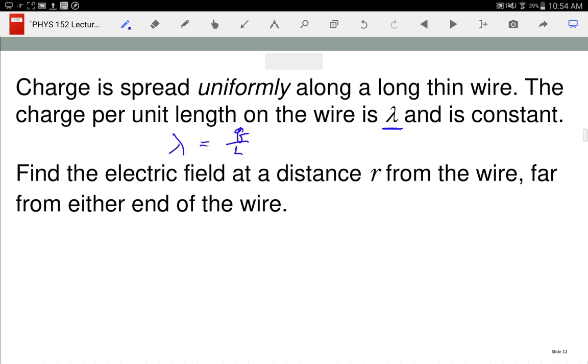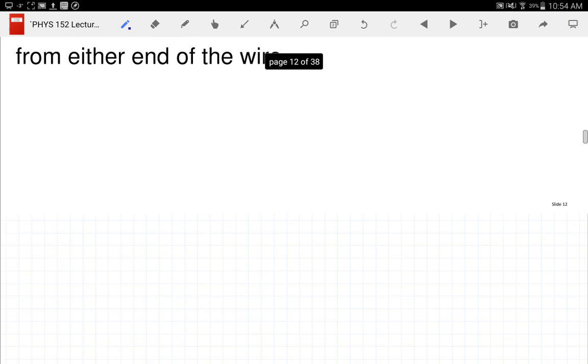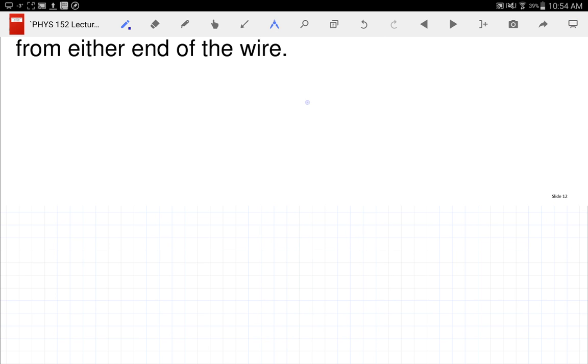So going back to my definition of the problem, I have a wire, and I'll draw the wire like, yeah. And it tells me that it's a long, straight wire. Long is a key word. If it's a short wire, I can't pretend to have a symmetry.